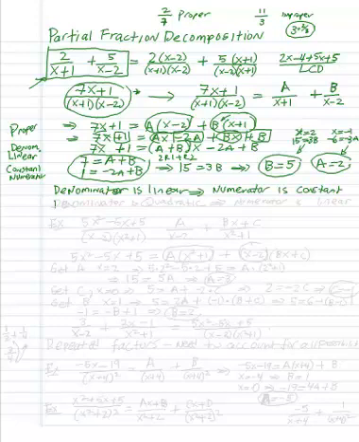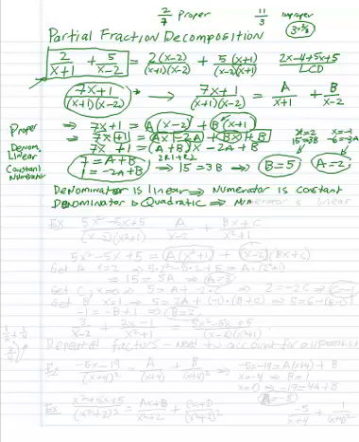And if the denominator is an irreducible quadratic, that cannot factor, then the numerator has to be of degree 1 less.